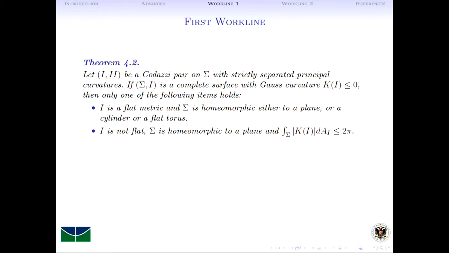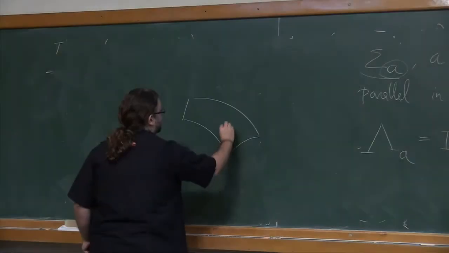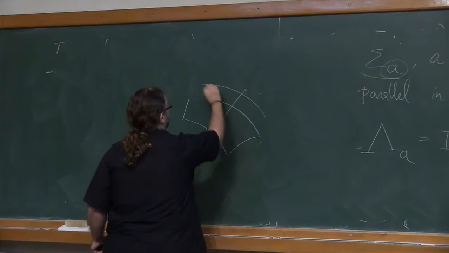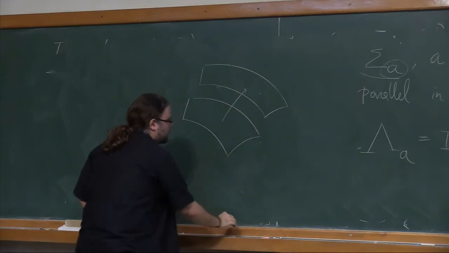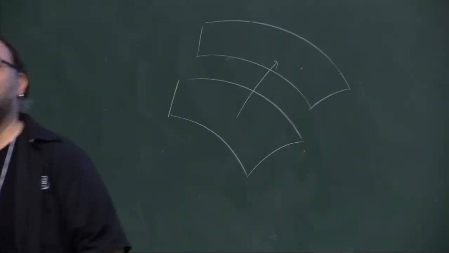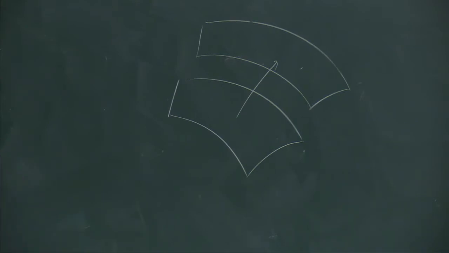Sorry? What is the parallel surface? The parallel surface we can obtain by translating in the direction of the normal. What is the ambient space?